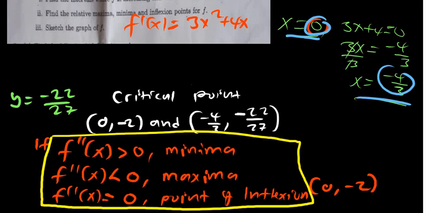Now let's find the second derivative. We are differentiating this one. What are we going to have? We're going to have 6x plus 4. Okay.